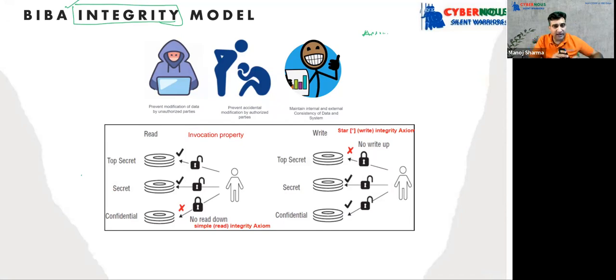That is called the simple integrity axiom. You should also not be able to write on a higher security level, because that way, mistakenly or by error, you may modify some files, which is very, very important. And then the third is, a process on a low security level should not directly access a particular process on a high security level. They have to go through some validation and they have to go through a certain process. That is called the BIBA integrity model.